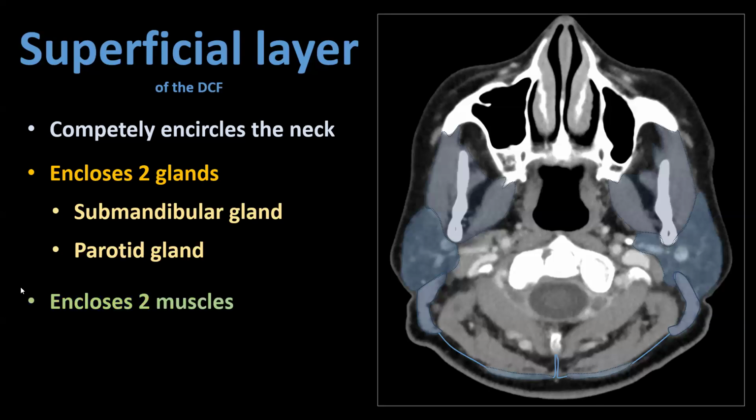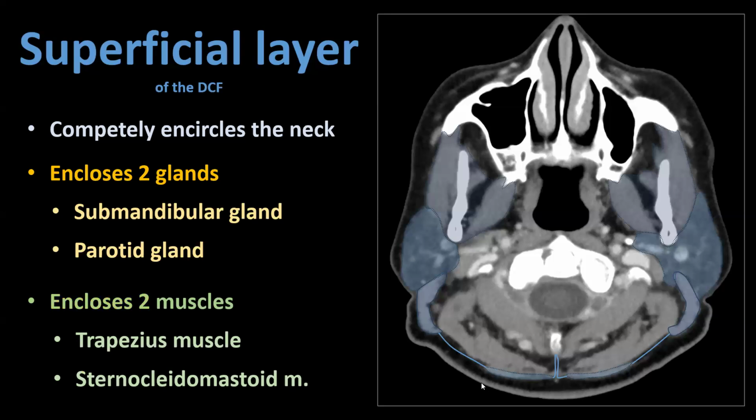And it also encloses two muscles, more specifically the sternocleidomastoid muscle and the trapezius muscle. Here is the trapezius muscle. It's quite small at this location, and here is the sternocleidomastoid muscle.